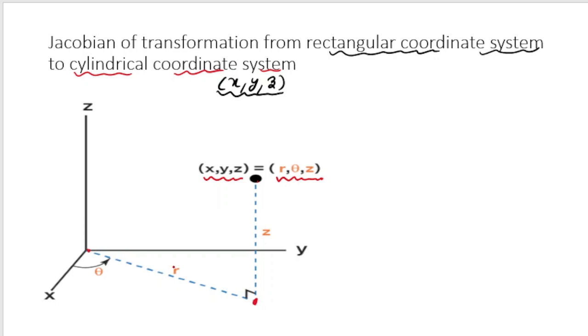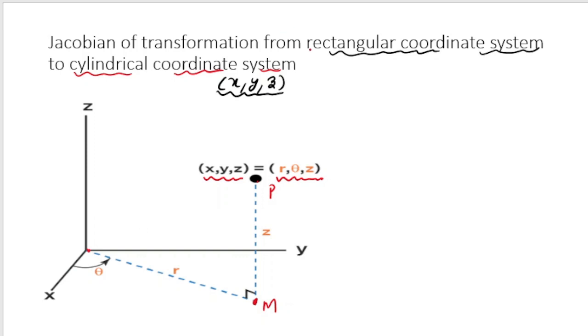So this distance that you get is equal to r. If I call this point P and this point M, so M is lying just vertically below the point P. So this distance will of course be z, because this is how you measure z, its distance from the xy plane.